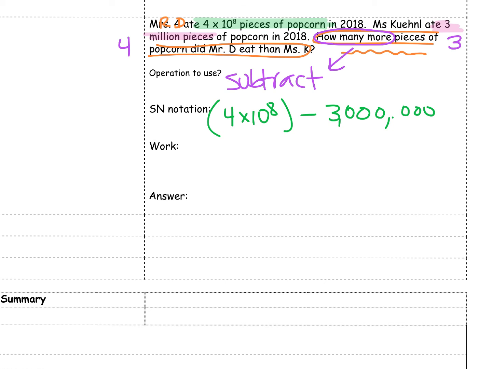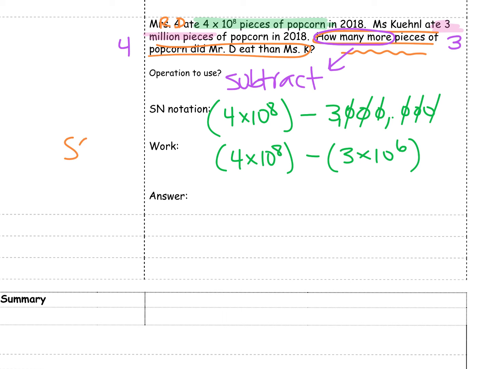But it needs to be all in scientific notation, so I got to convert that. So I have 4 times 10 to the 8th for Mr. D, minus 3 times 10 to the 6th power. Now when I subtract, they have to have the same exponent. So we need the same exponent, remember that.